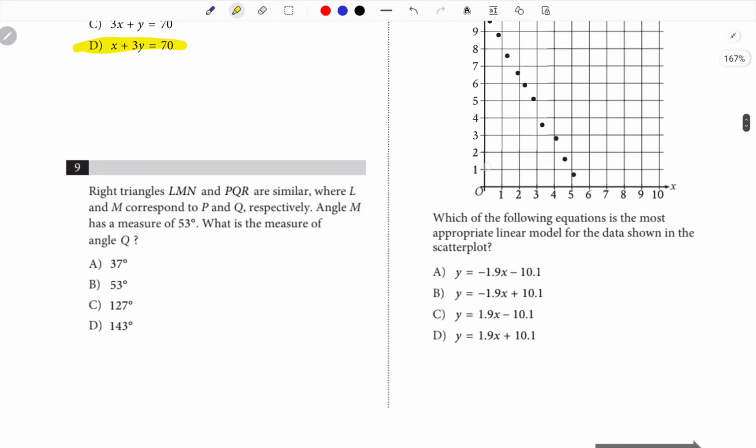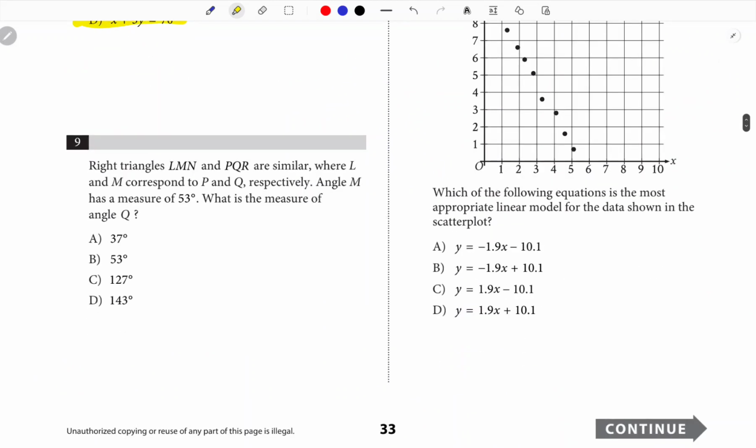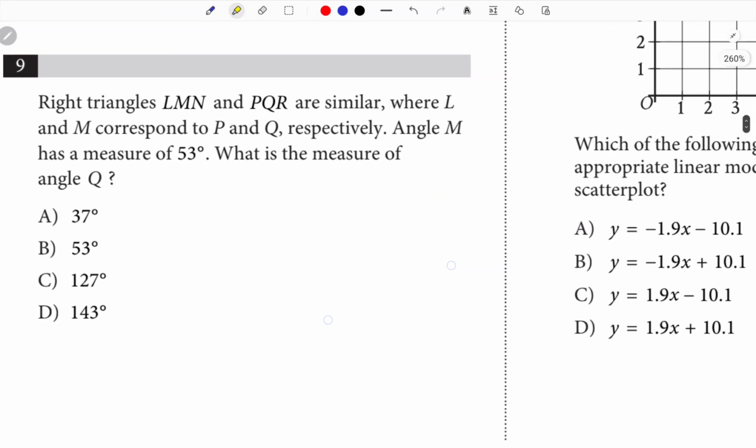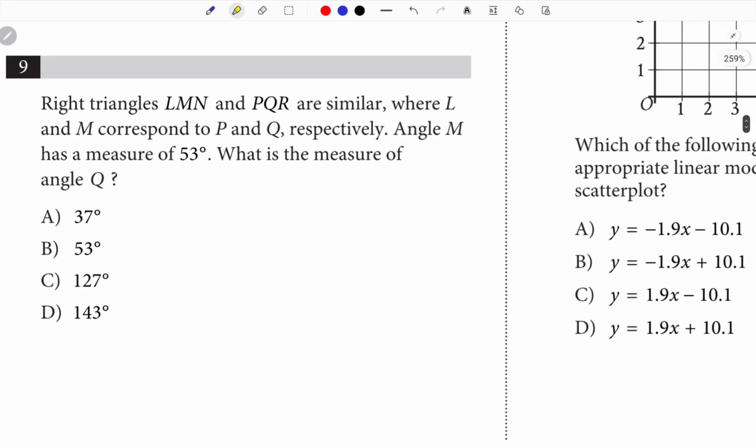Okay. Question 9. Right triangles LMN and PQR are similar, where L and M correspond to P and Q respectively. Angle M measures 53 degrees. What's the measure of angle Q? So I must draw these right triangles.